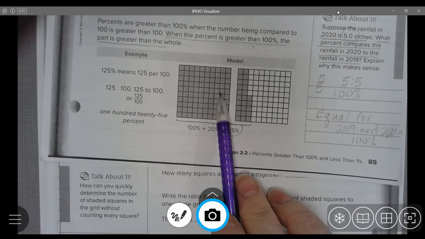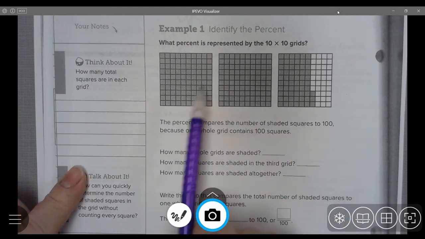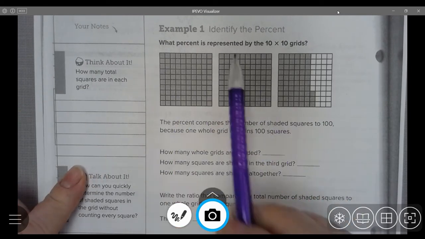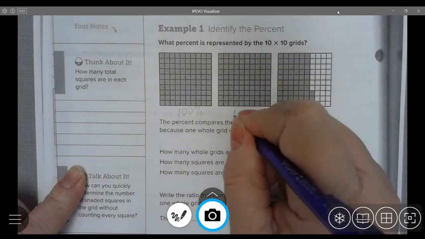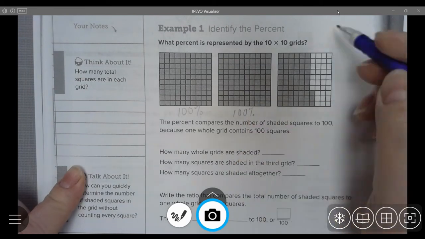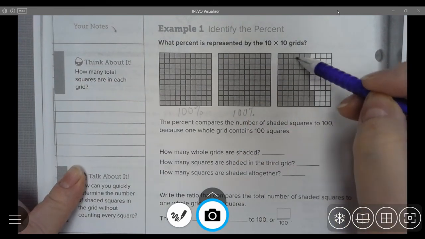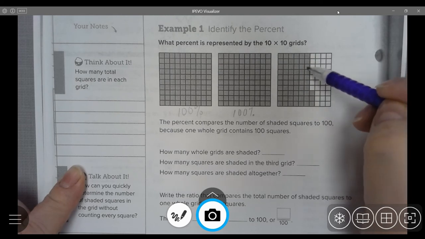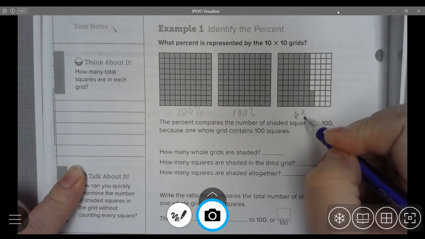So we can use that to help us with these questions. So what percent is represented by this set of grids? So this would be 100%, 100%. Then we would need to count 10, 20, 30, 40, 50, 60, 61, 62, 63.